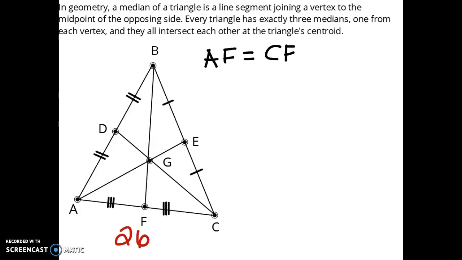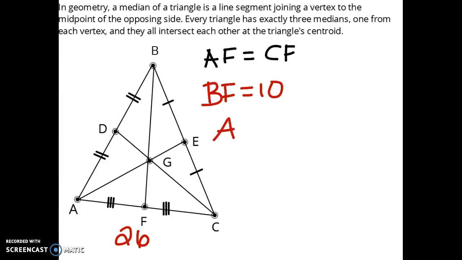So let's find the height. If I had an equation that the height of that triangle is 10, so BF equals 10, I can find the area.